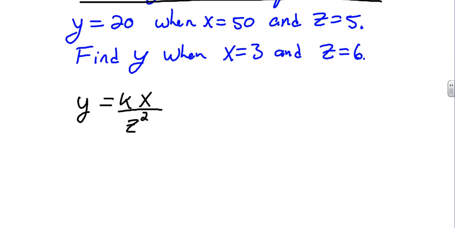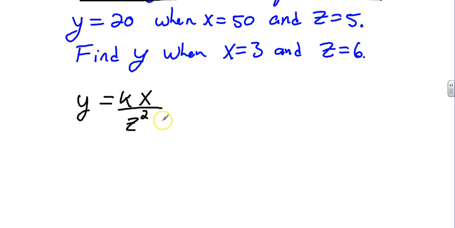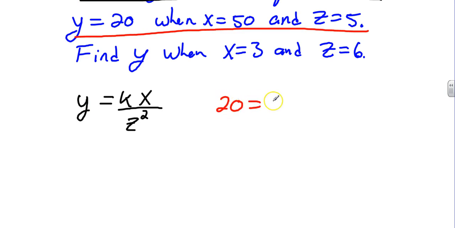Okay. And once you've got the first sentence set to get the equation, now you're going to the second sentence to plug in the numbers to figure out what the k value is going to be. So y is 20. You're going to figure out what k is. X is 50. And don't forget that when you plug in the 5, the biggest thing I've seen people miss on this one, especially test problems, is they'll put in the 5 and forget to square it.